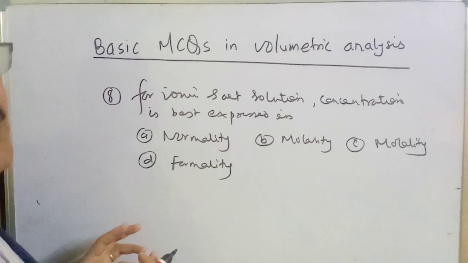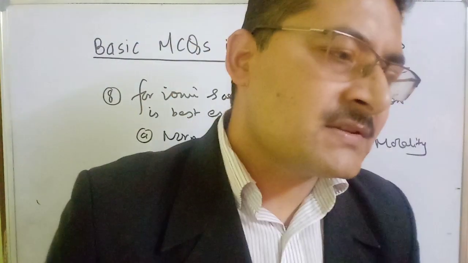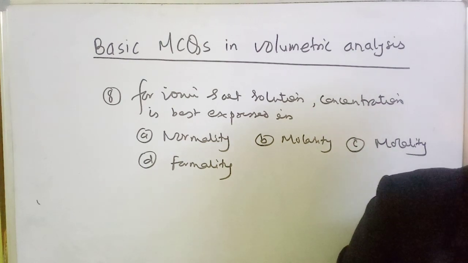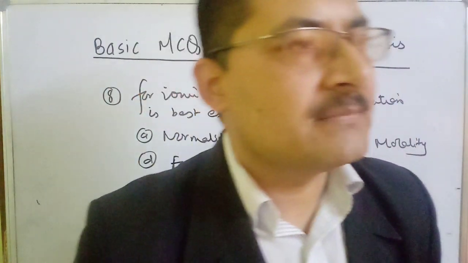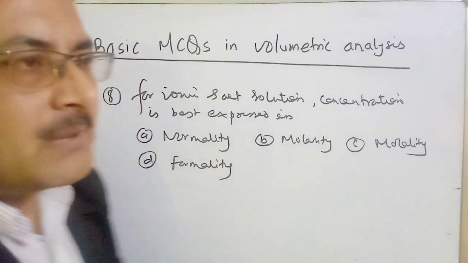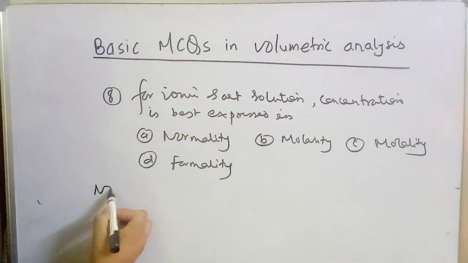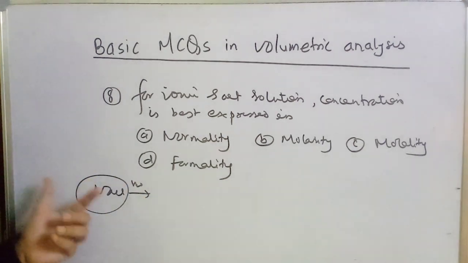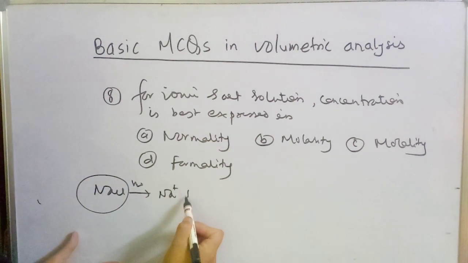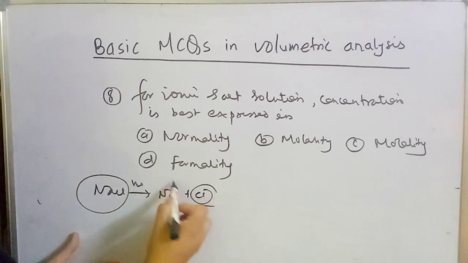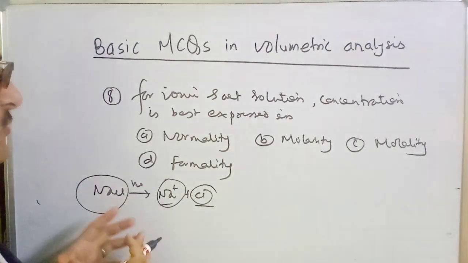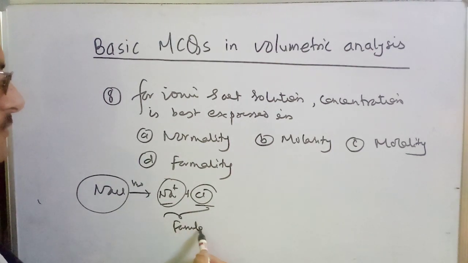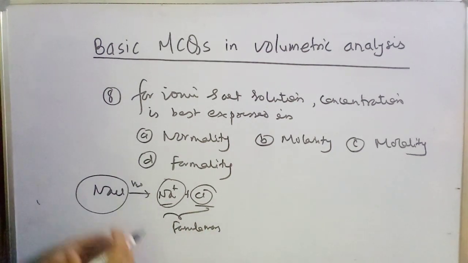Ionic salt solution means when ionic compounds dissolve in solution, we will not have any molecules, but there will be ions. If you dissolve sodium chloride in water, you never get the existence of a sodium chloride molecule, but you will get sodium ion and chloride ion. So it is better to express ionic mass or formula mass of ionic compounds rather than molecular mass.